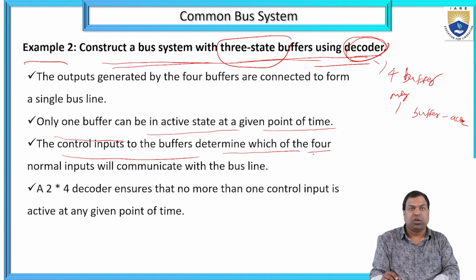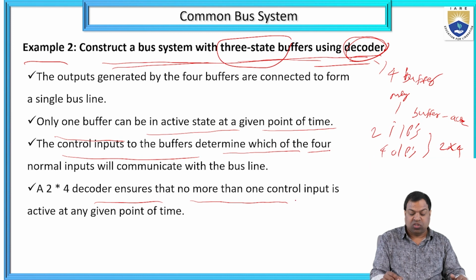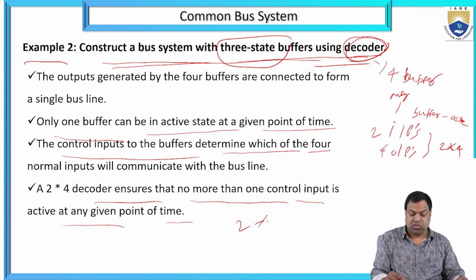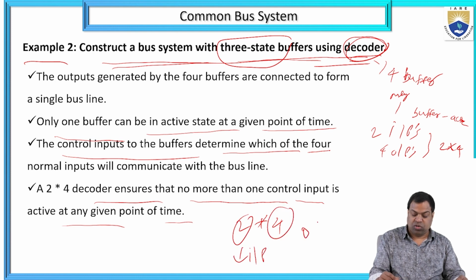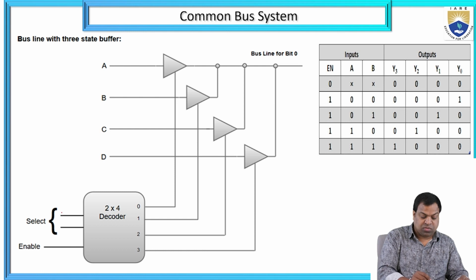A 2 into 4 decoder, 2 into 4 means two inputs, four outputs. That is called a 2 into 4 decoder. It ensures that no more than one control input is active at a given point of time. So here, 2 into 4 decoder, two selection lines.